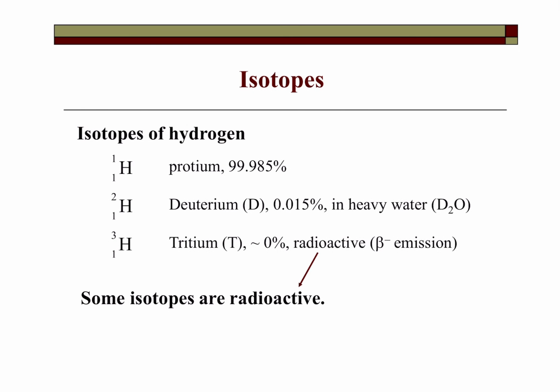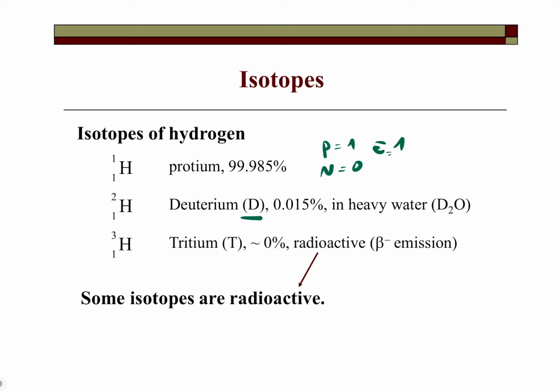For example, for hydrogen, we have protium, which is the highest amount and has 1 proton, 0 neutrons and 1 electron. But for deuterium, which we can show by D, is the lowest amount. In heavy water it is D2O.